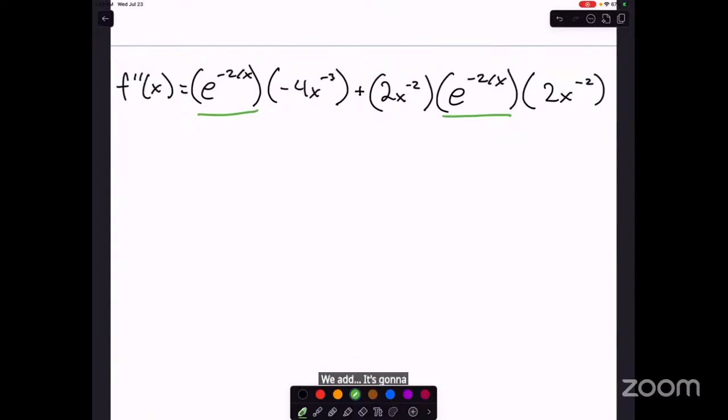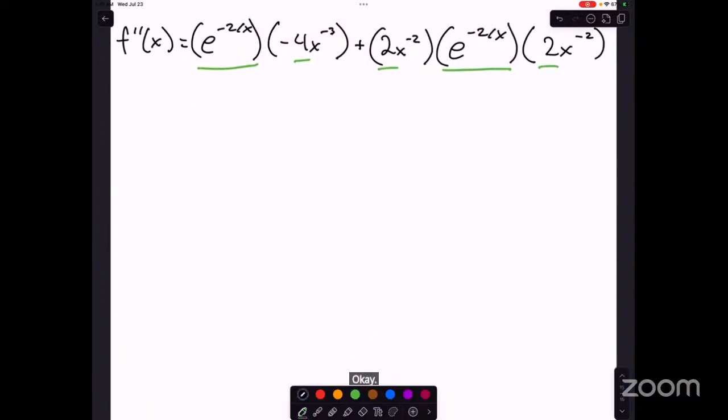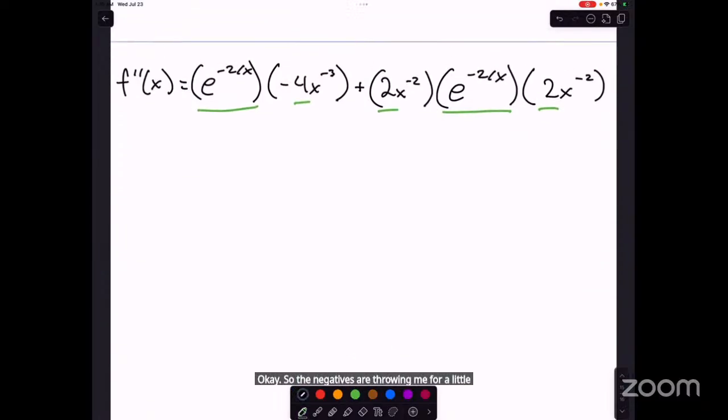We could factor out a 4. Like these two with this, we could factor out a 4. Okay. So the negatives are throwing me for a little. I need to rewrite them.